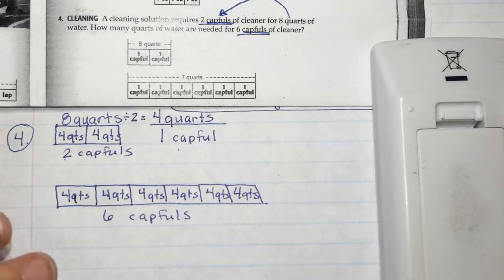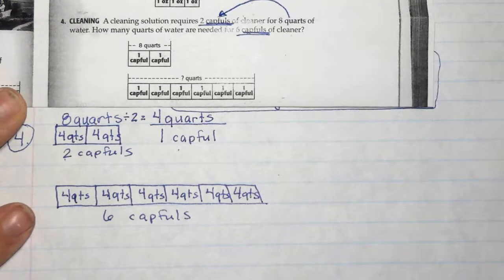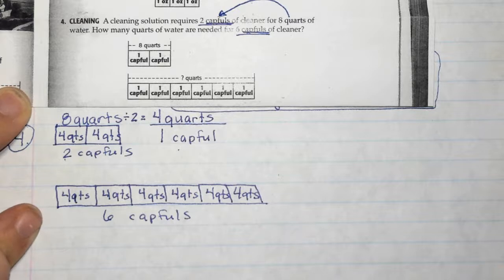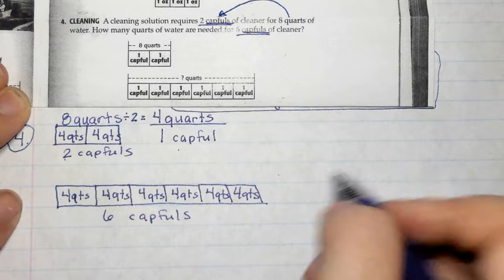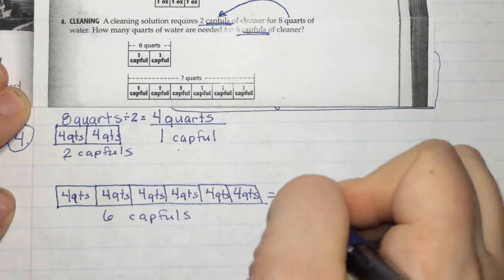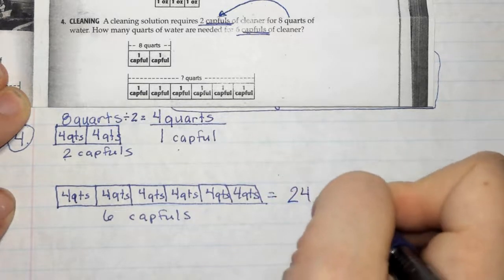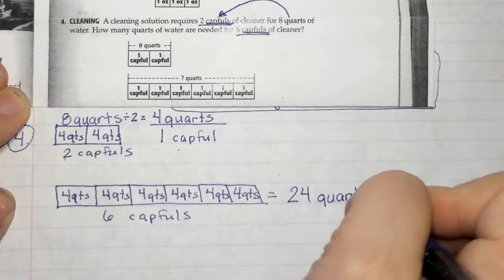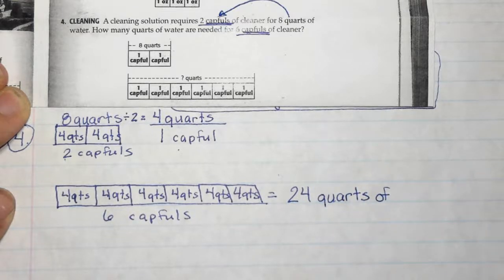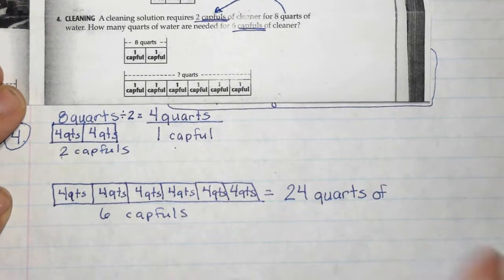All right, so how much is that going to be? Williams, how much is that going to be? 24 quarts of what? Right? So look up in the word problem.